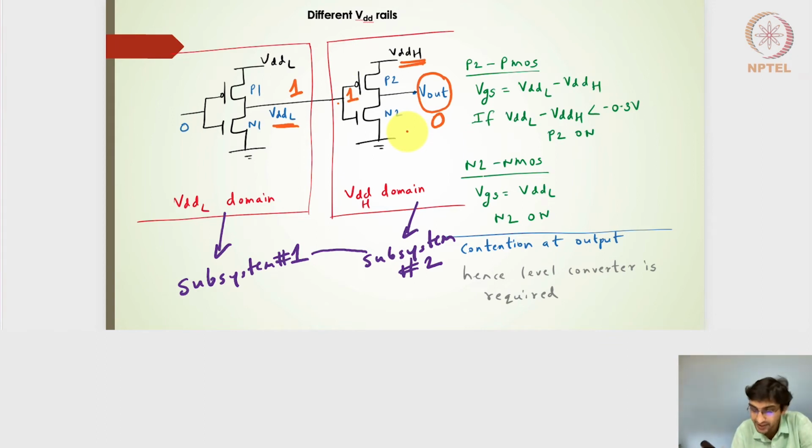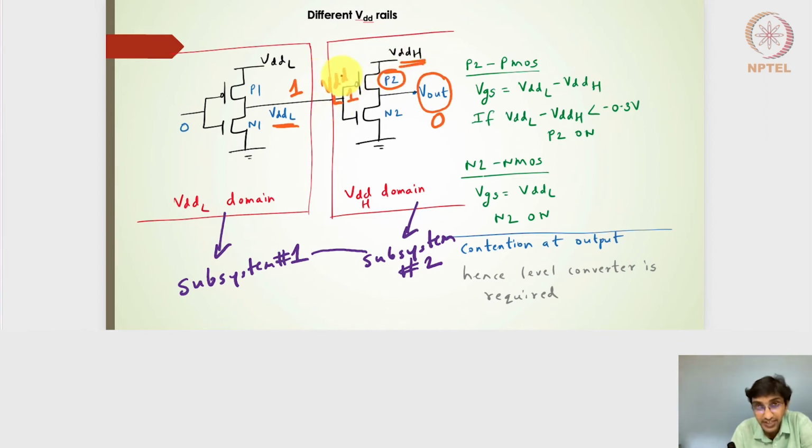But what happens here is, because these two are of different levels, the Vdd-L value reaches here. This P2 transistor depends on the VGS or the VSD value on the PMOS side, which is Vdd-H minus Vdd-L here.